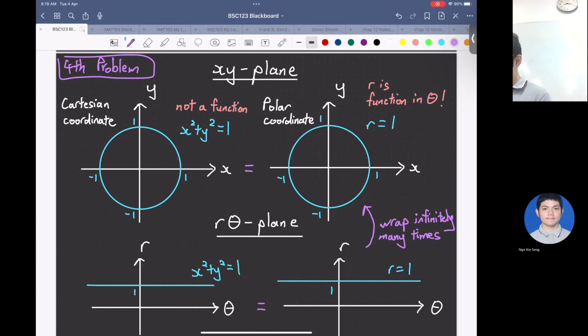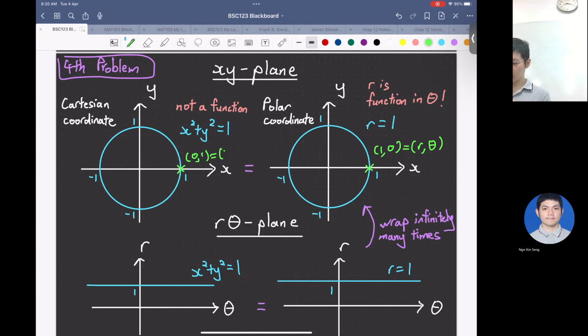For example, let's take one point here. This is 1, 0. Oh, sorry, 0, 1. So in Cartesian coordinates, it's 0, 1. Also take the same point here, 0, 1. But now in polar coordinates, it has a different name, which is 1, 0. This is r, theta.